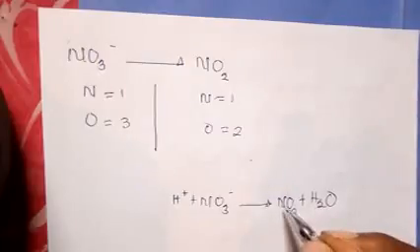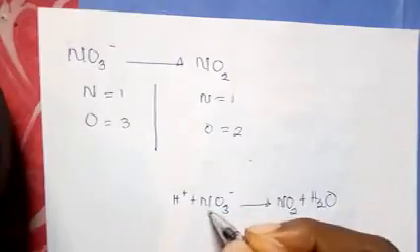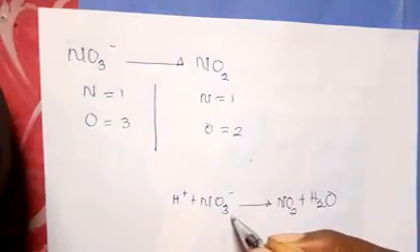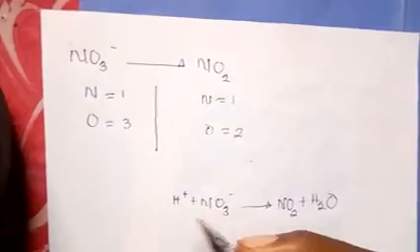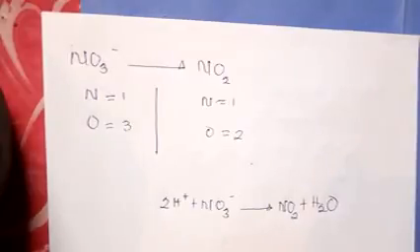Hydrogen here is 2, nitrogen here is 1. Hydrogen here is 1, nitrogen here is 1, oxygen here is 3. So it means that hydrogen is not balanced. How do we balance this? We add 2 here. So now looking at this, this is balanced.